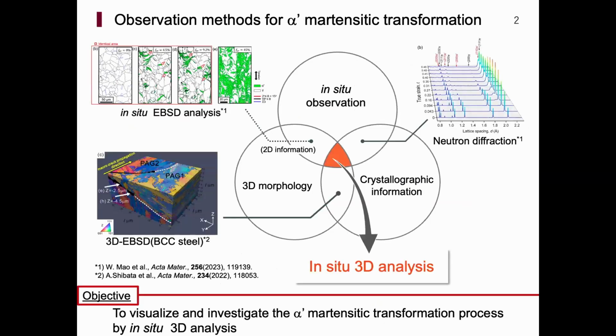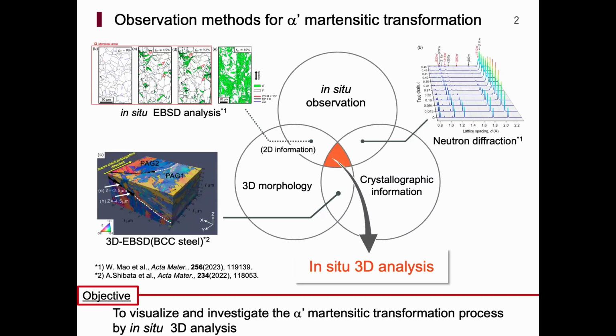And some methods have been applied to observe the alpha prime Martensitic transformation process and morphology. For example, in situ EBSD analysis tracks the two-dimensional transformation process, and neutron diffraction detects crystallographic information at each deformation step. And 3D EBSD observes the 3D morphology and crystallographic information at the same time.